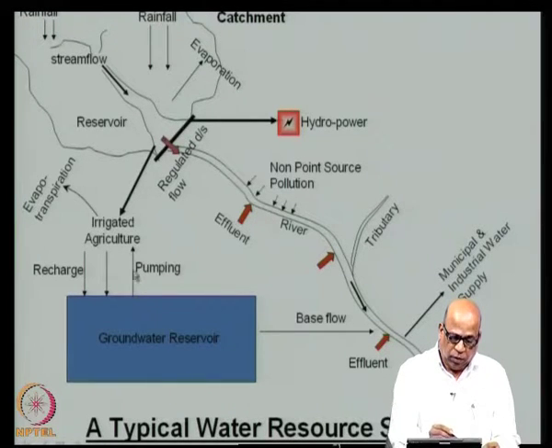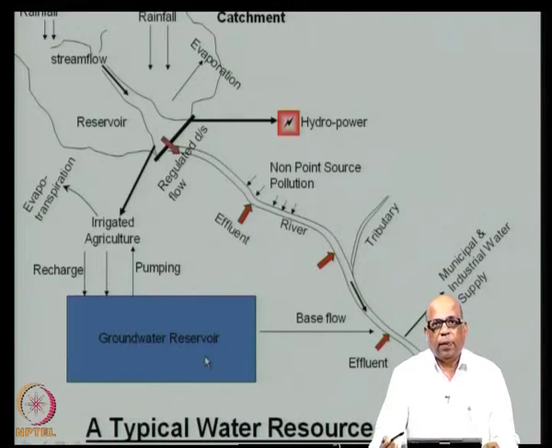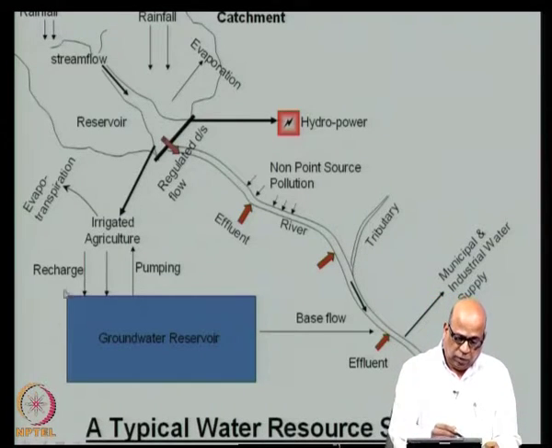Then you may be using this groundwater for agriculture purposes or drinking water purposes and so on. So, there is a pumping that is taking place from the groundwater reservoir, typically an aquifer. So, this balance of the groundwater reservoir is also an important component of a water resource system analysis.